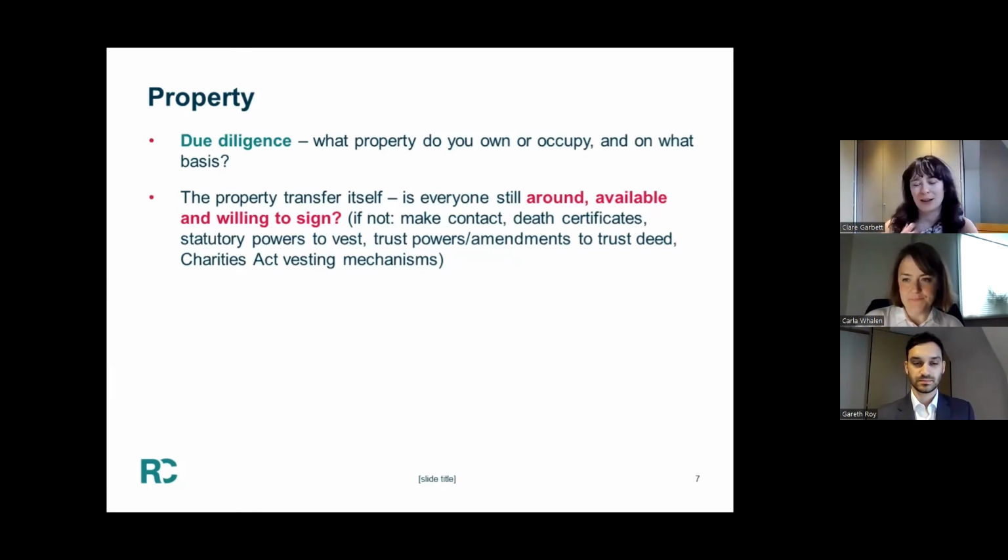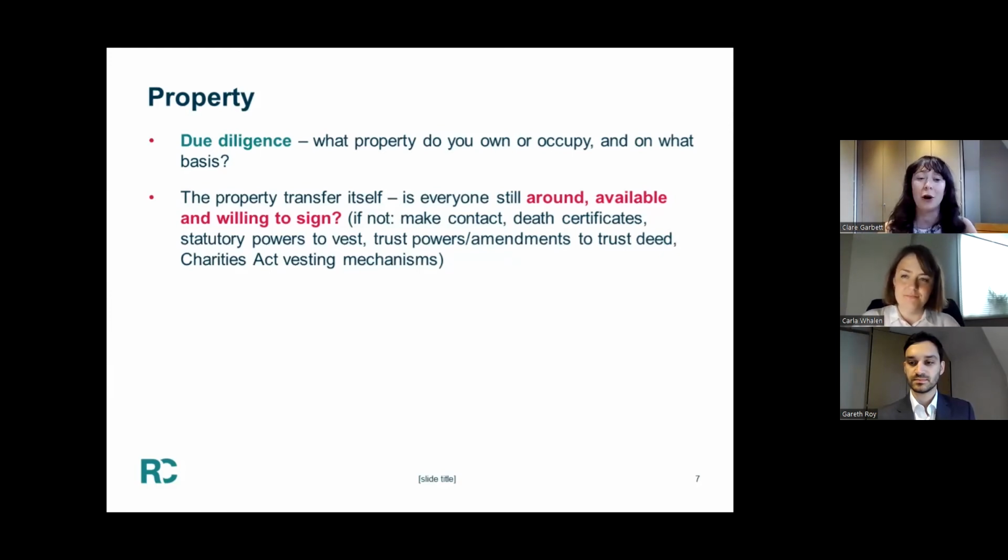I'll go on in my next slide to talk about the various restrictions that might affect your property that you need to be aware of. But assuming, for example, that you've got just one freehold property owned outright, no restrictions on the title. One of the things Gareth mentioned earlier was the fact that as an unincorporated charity, you own things in your individual names.